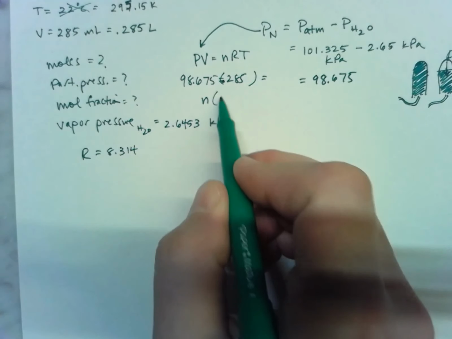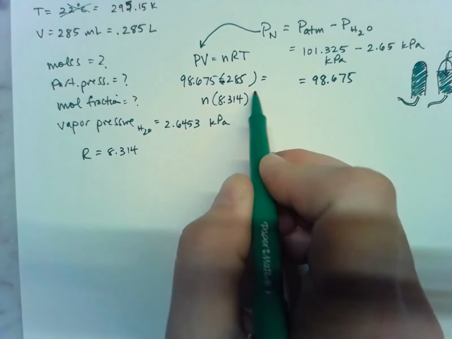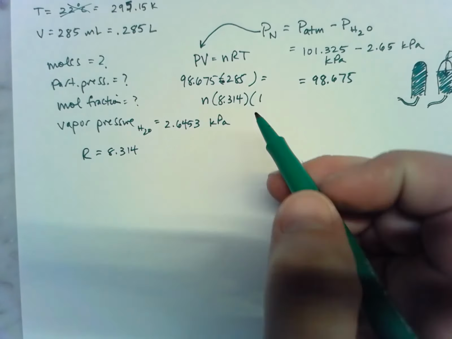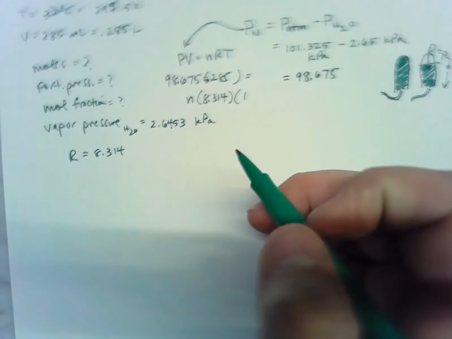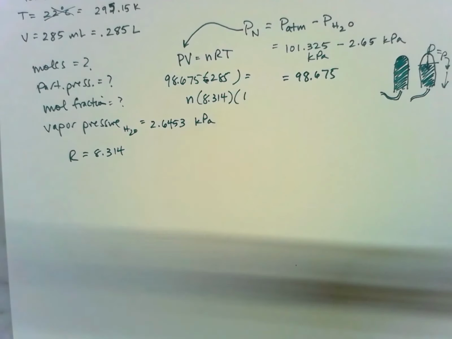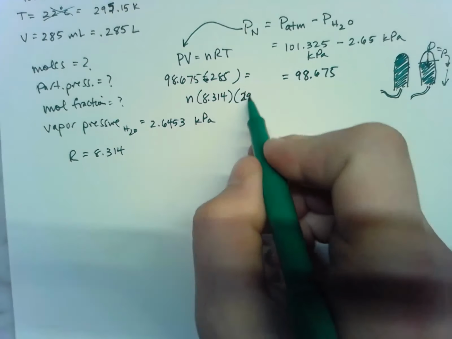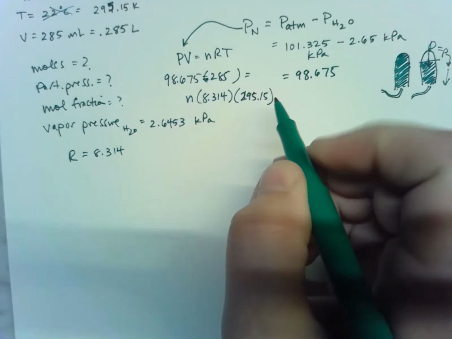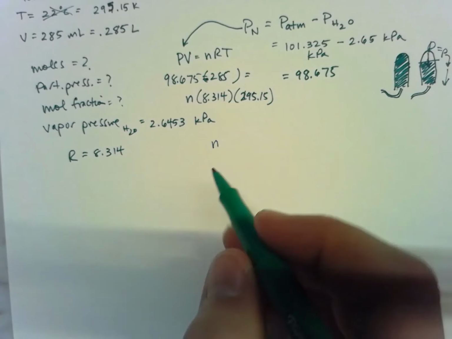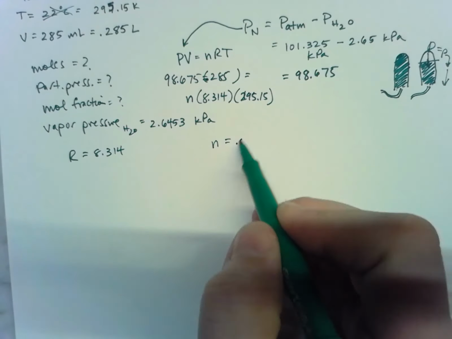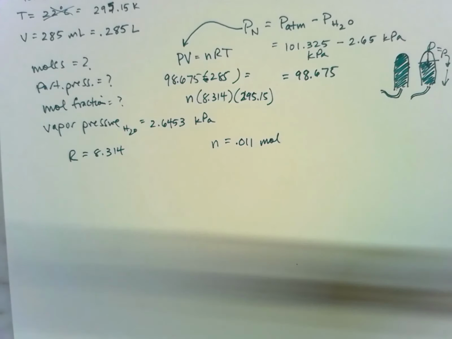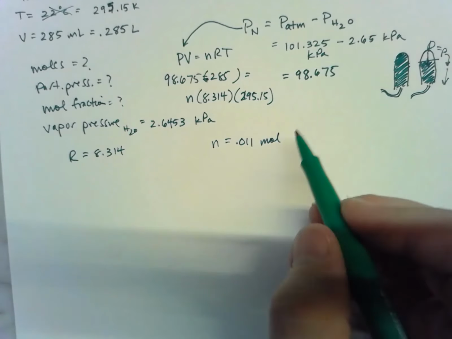And sorry about that. 295.15. So N there is equal to 0.0... Okay.